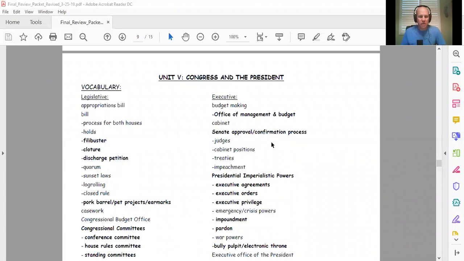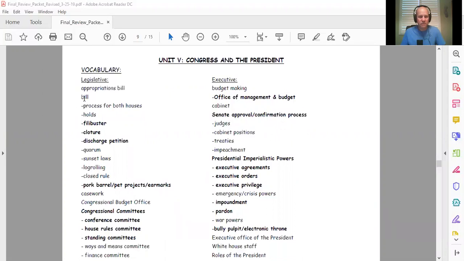Some of these I'm going to go over in a lot of detail, and others I'm not. For the process of a bill going through Congress, just review it and know that it has to go through the House and the Senate, with a simple majority in the House and a simple majority in the Senate. But remember, in the Senate they can do a filibuster, which requires a supermajority of 60 votes to overcome, which is called a cloture motion.